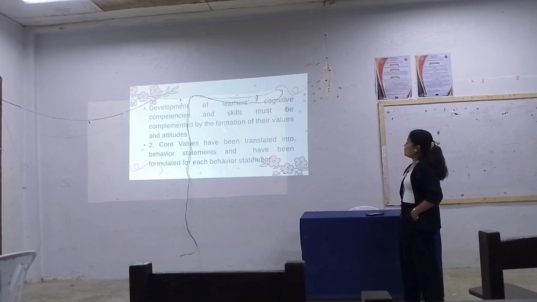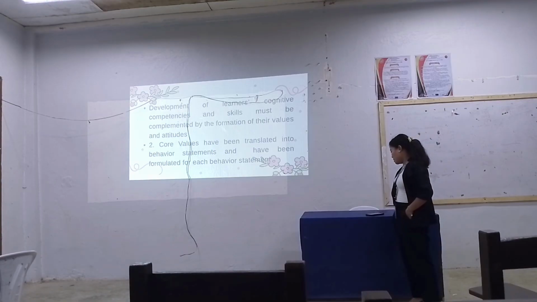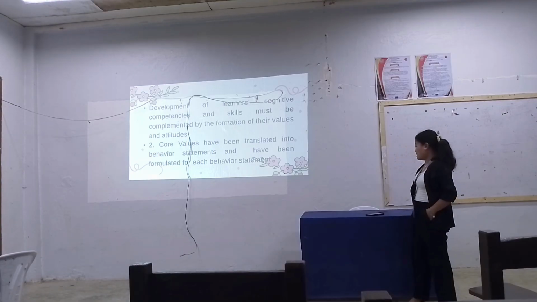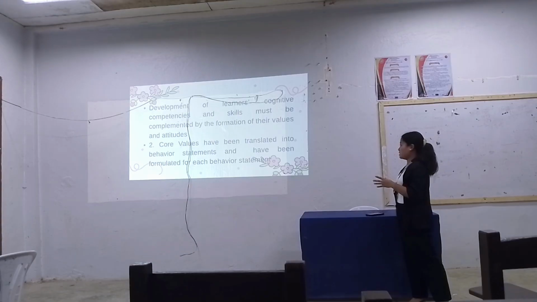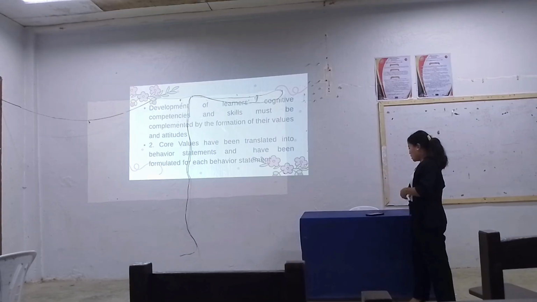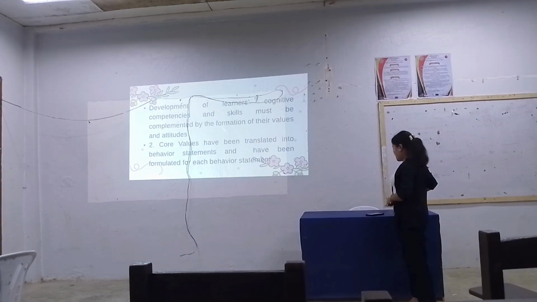Number 2 is core values. Core values have been translated into behavior statements, and indicators have been formulated for each behavior statement. For instance, students are assessed on their ability to show sensitivity to cultural differences and to assist those in need.